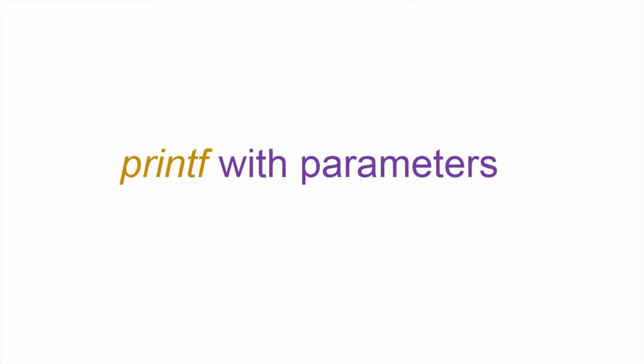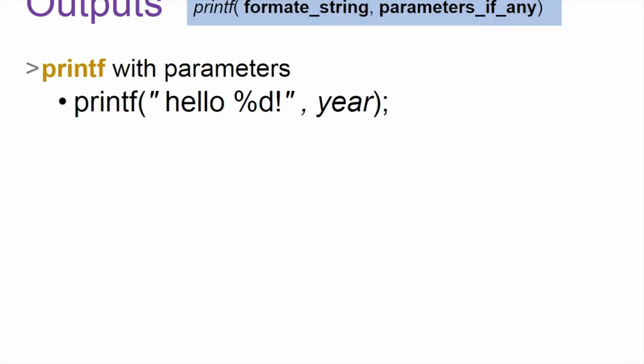Okay, after that, let's take a step forward to do the printf with parameters. In that case, printf with a parameter is like here: you could see after the formatting string, here we gave one variable as the parameter. It's the year we declared earlier.